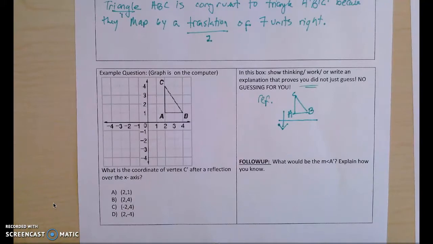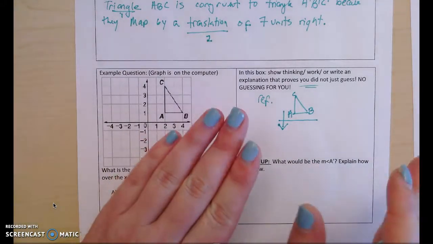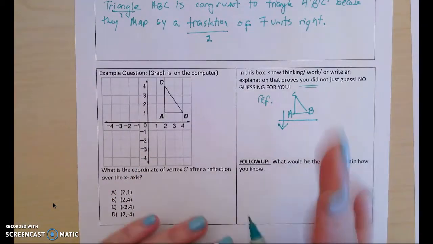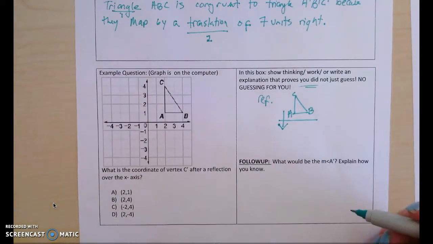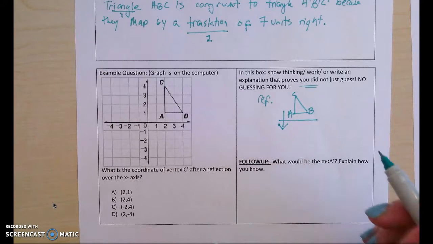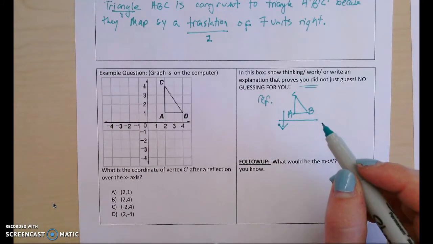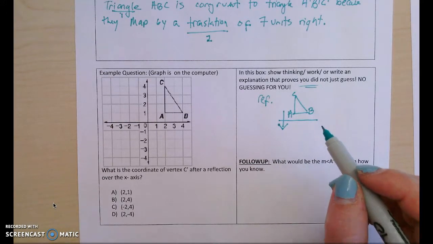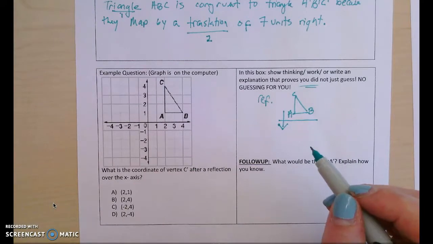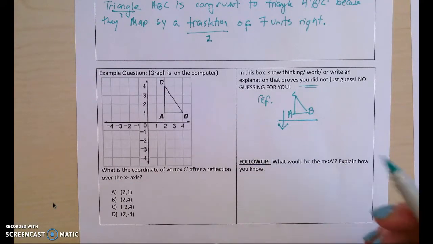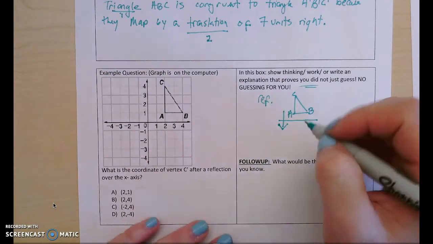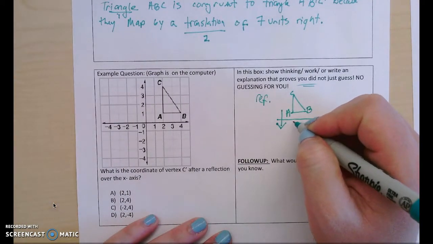So let's go ahead and do that. So this work is fine. You've done the thinking. I know you have not guessed. So now we can go ahead and look at the answer. So now that you have this on your paper, I want you to put in the answer to this question. The answer to this question is, absolutely, if this reflects down, it looks like this.